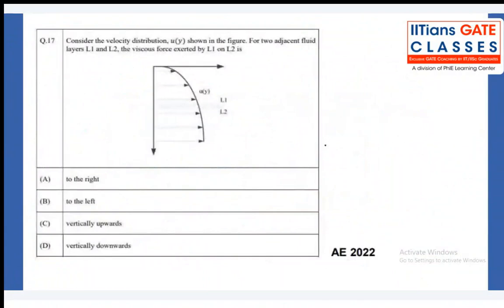Now, in the Aerospace 2022 GATE examination, they asked a question for 1 mark, and you can see this question is on the no slip condition. Better you note down the no slip condition here.